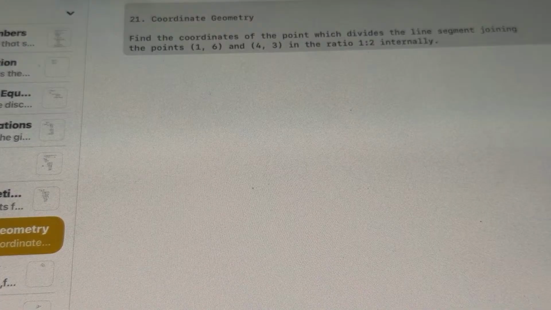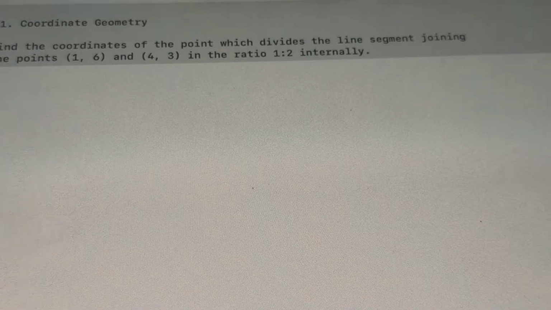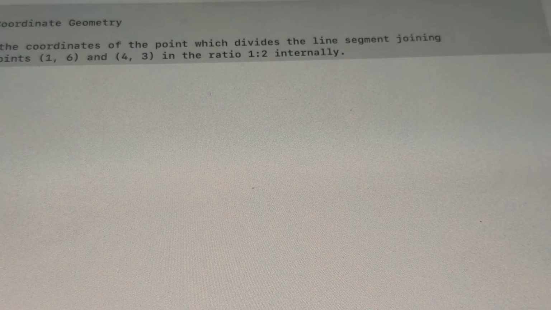In this problem we need to find the point which divides the line segment in the given ratio. For that we need to use the section formula, as it is divided internally and the ratio has also been given.